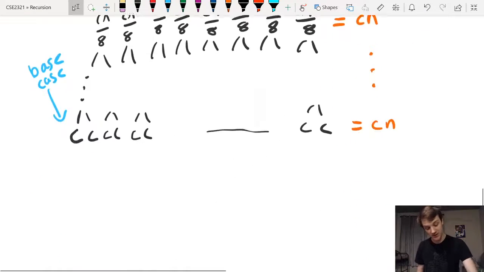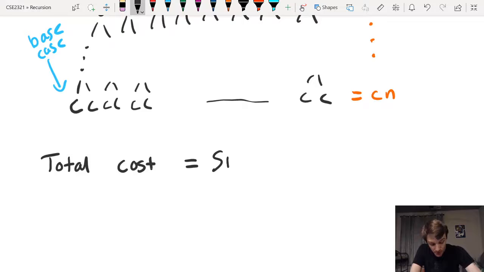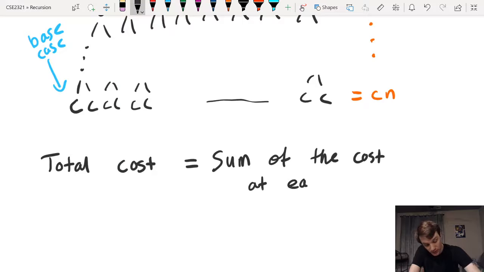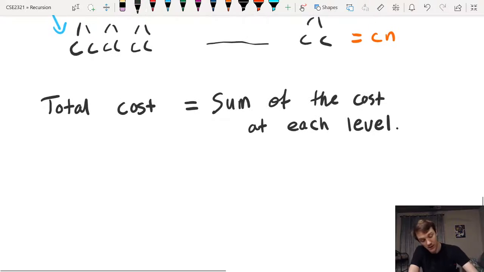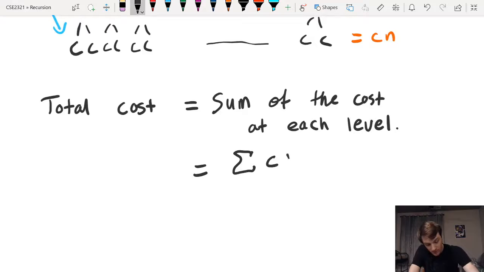The total cost is the sum of the cost at each level. So this would be the sum of the cost over all of the levels.